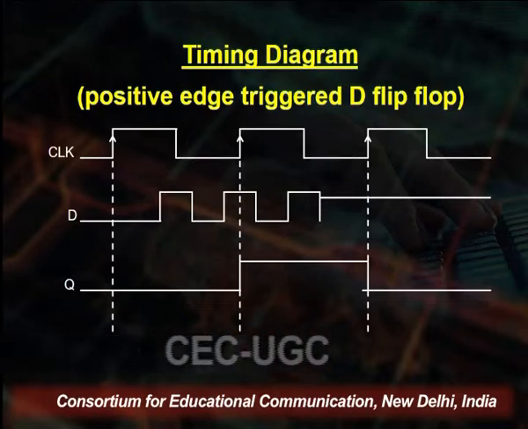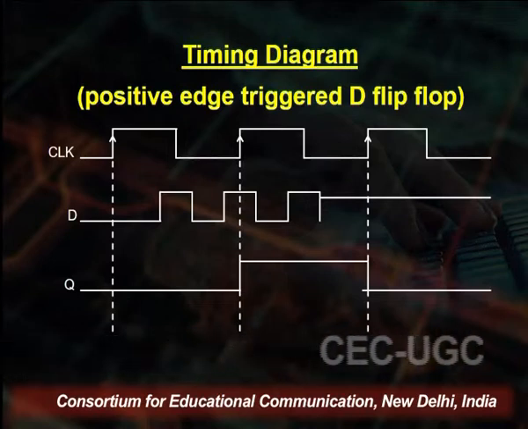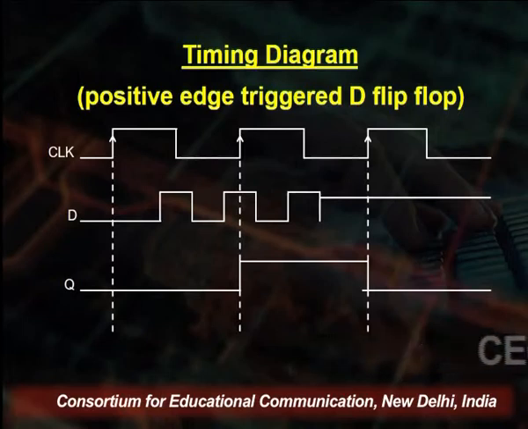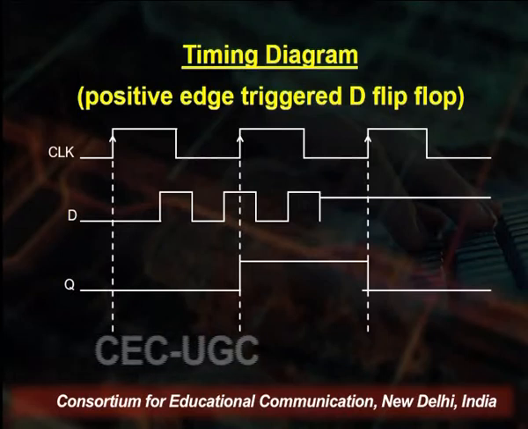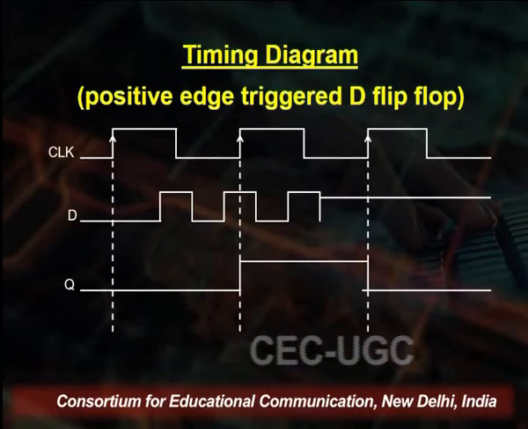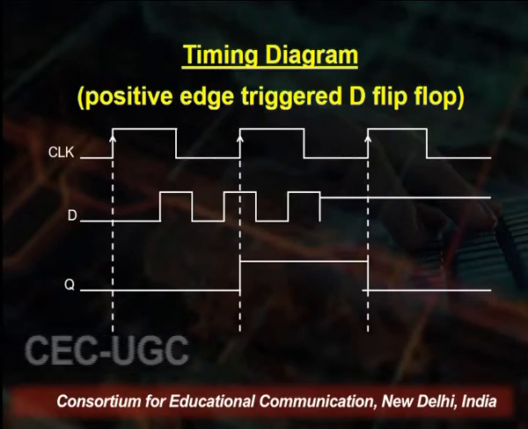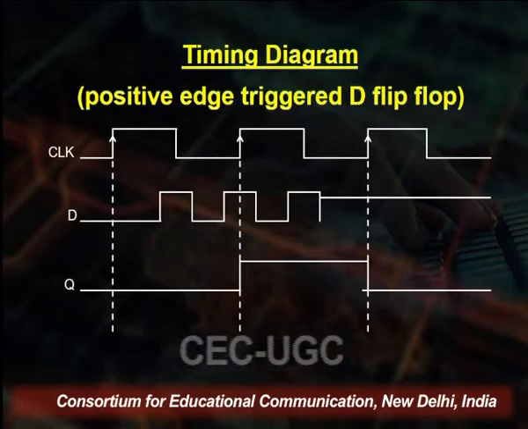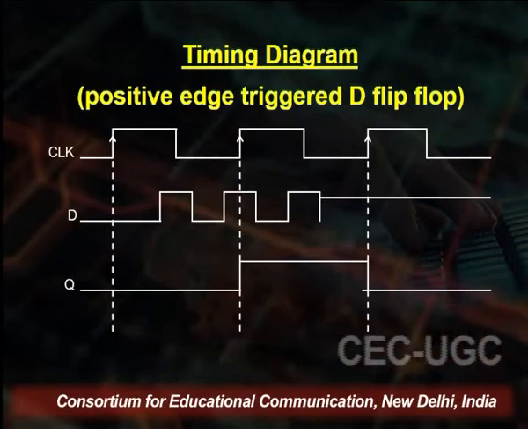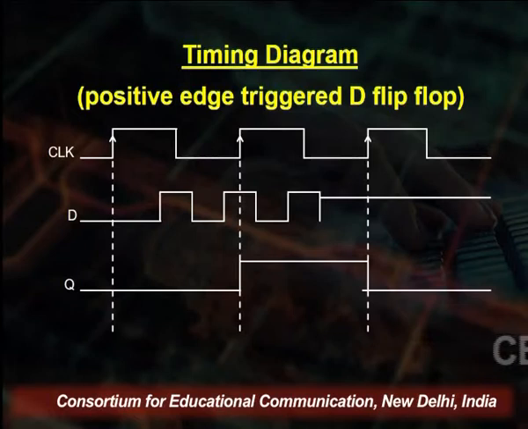For the first rising edge, when we have the inputs, we find that the D input is 0 and hence Qn+1 is shown to be 0. At the next rising edge, we find that D is high and hence Qn+1, which was 0 thus far, will change its state from 0 to 1.